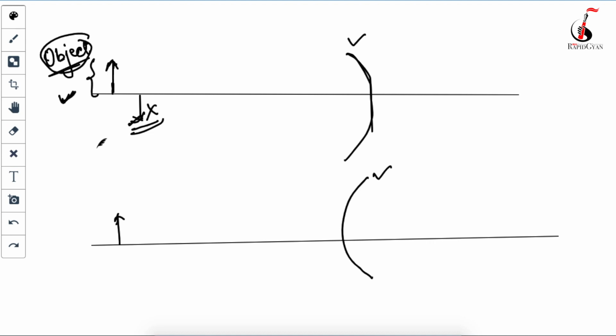It cannot be inverted. Okay, and if you follow this, it will be very easy for you to solve the numericals.